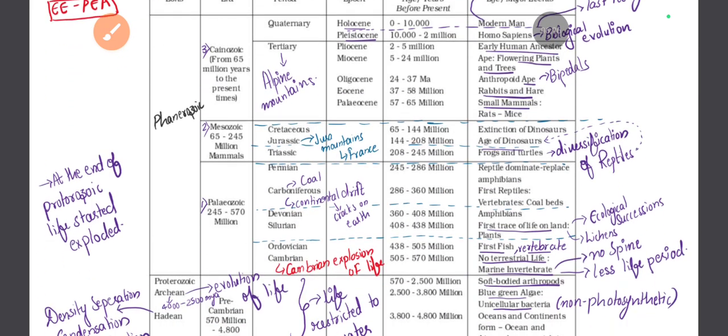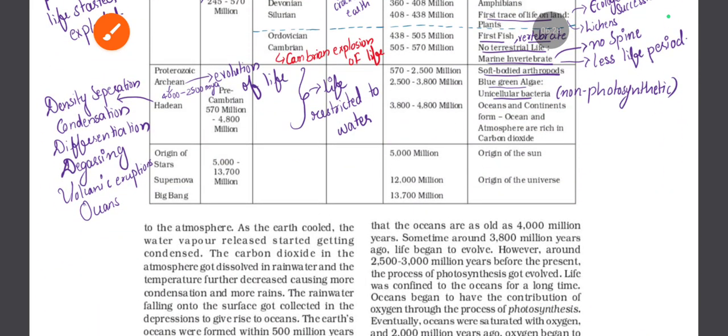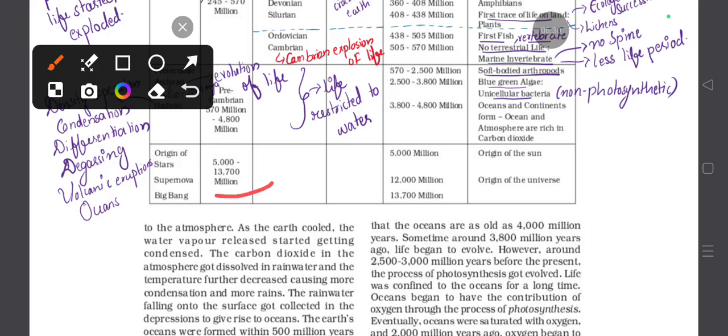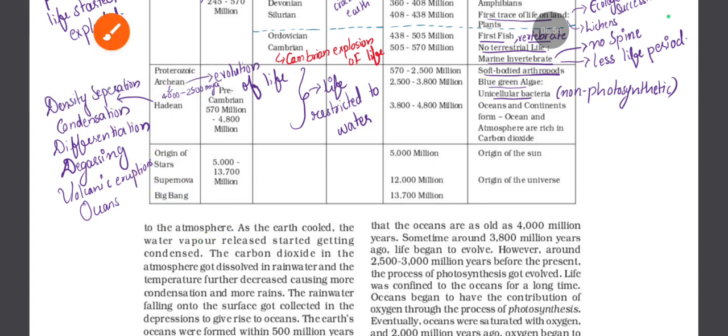So I've told you that around 13.7 billion years ago, or 13,700 million years ago, the Big Bang took place, that we have studied in the last classes. A supernova explosion took place. We have seen even the nebular hypothesis, how the stars originated, different galaxies originated, and how our own solar system was born. We have seen how the different planets of our solar system were born, and even how Earth originated.